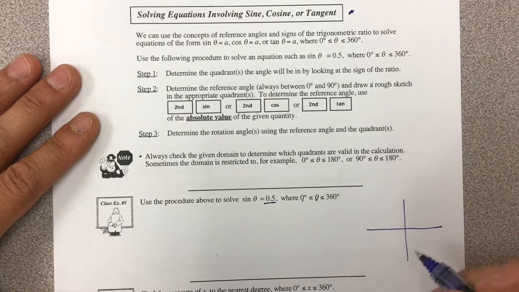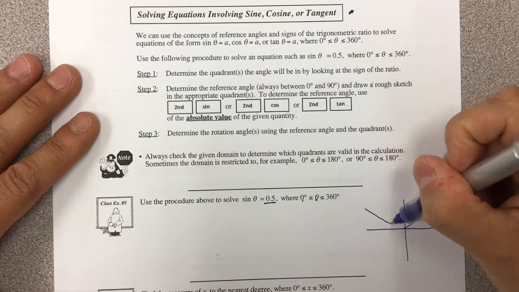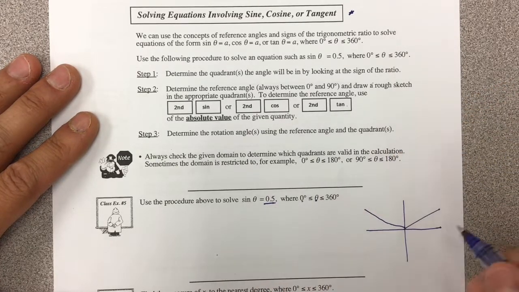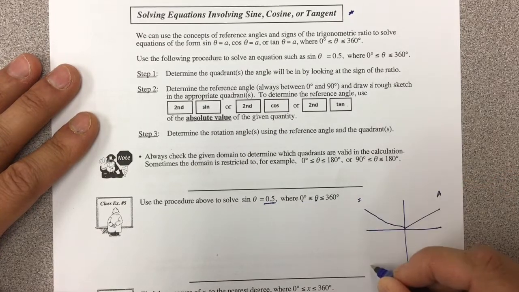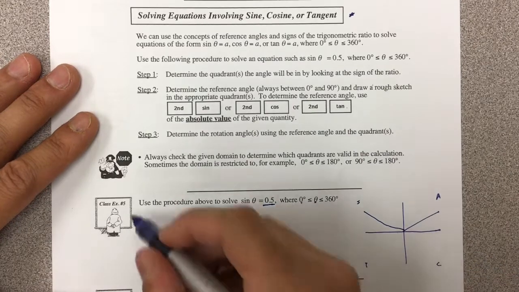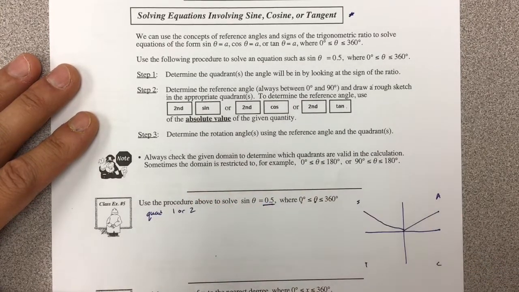In the ASTC diagram, these are the only two quadrants where the sine ratio is positive. And so we know it has to be in either quad 1 or 2.